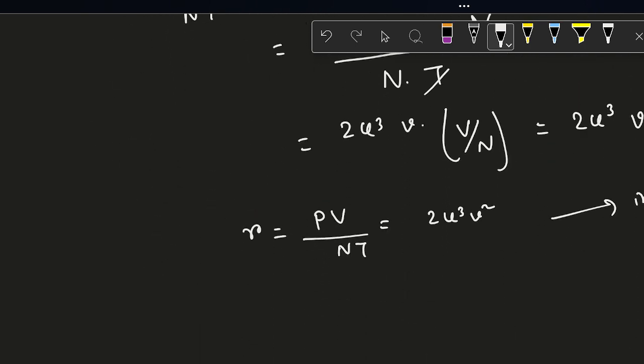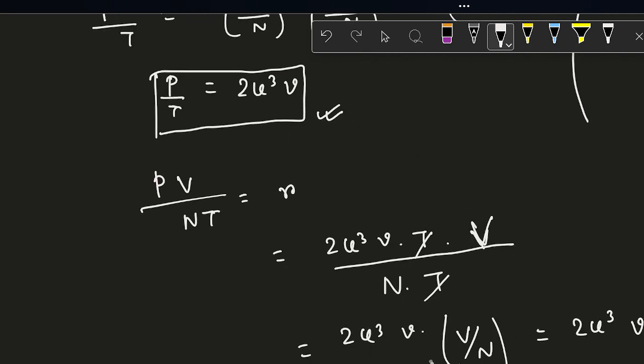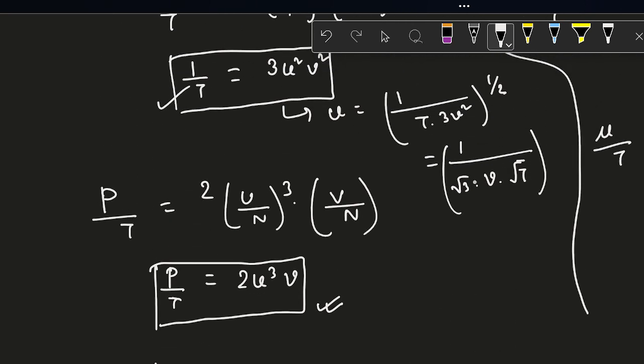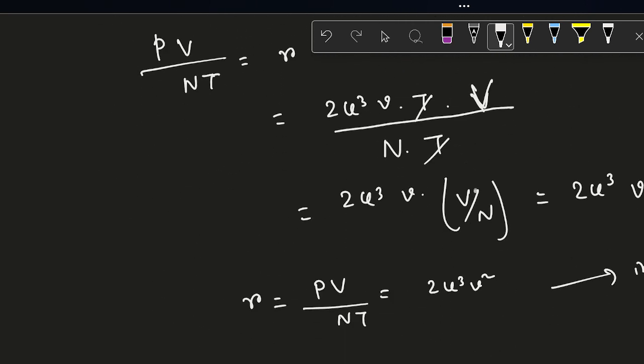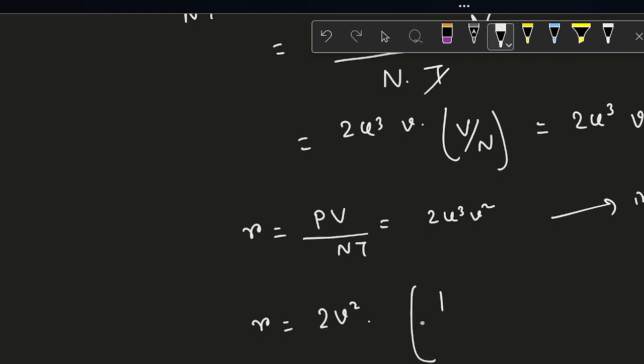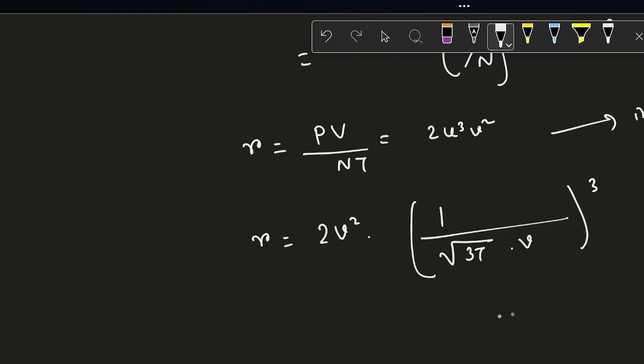So if that is the case, then just change the variables to v squared, and then for u cube you put the value that you have got for small u, which is 1 by root over 3 times t into v. So 1 by root over 3 times t into v whole cube.